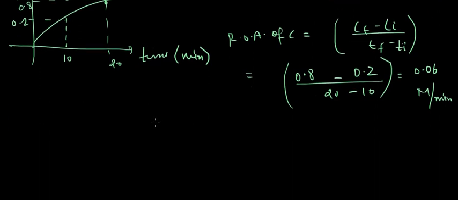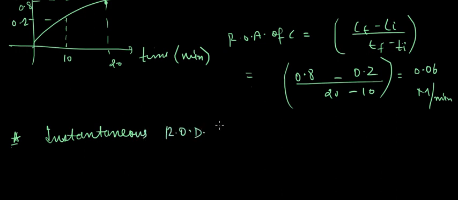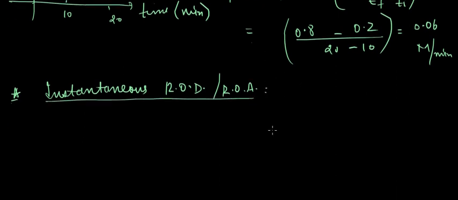Next, let us define the instantaneous rate of disappearance or rate of appearance. Okay, so this is defined by microscopic time interval.